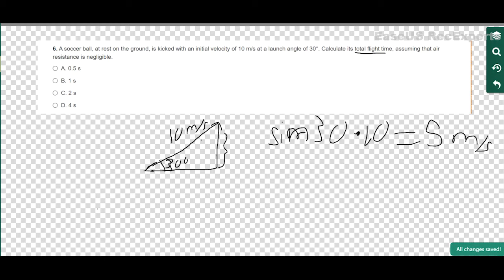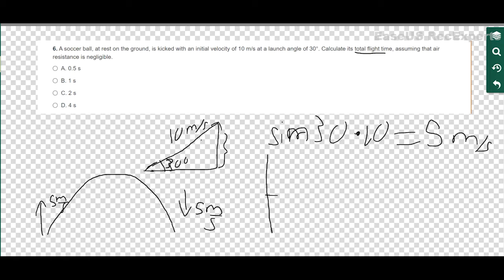Now, you can use a velocity graph for this. If you have that trajectory, your ball is kicked upward at 5 meters per second, and it will come down at 5 meters per second.